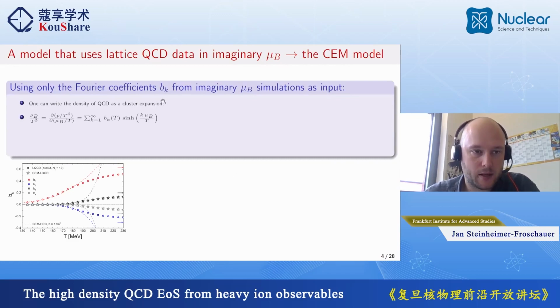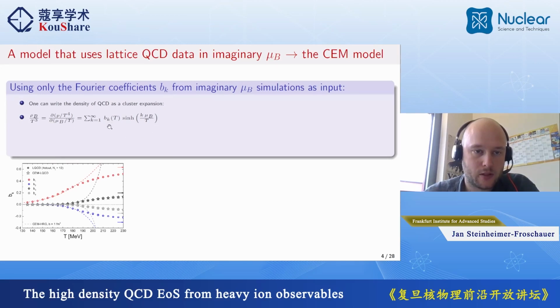a cluster expansion. A cluster expansion is also sometimes known as Meyer's cluster expansion, when you basically take your density, scale it by the temperature, and then write it as a Fourier series.